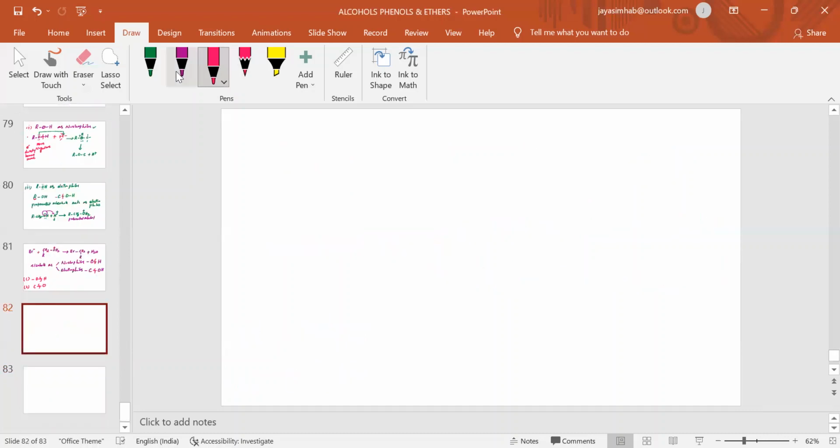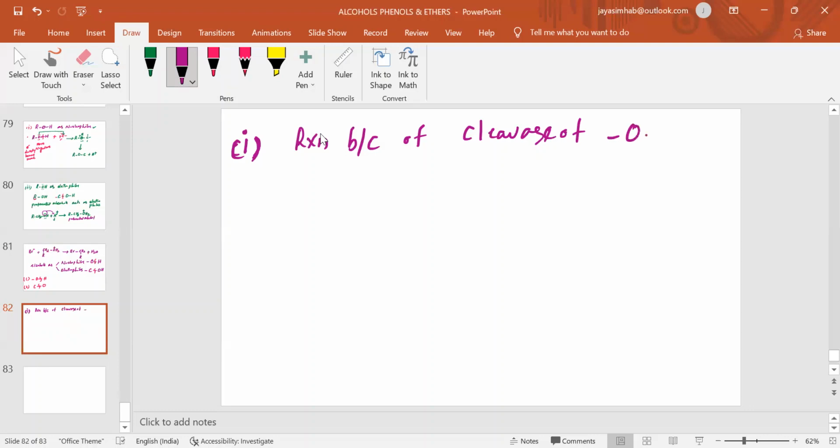So the first category is reactions because of cleavage of the OH bond. So whenever the OH bond is broken, usually what will happen? H plus will come out, right?